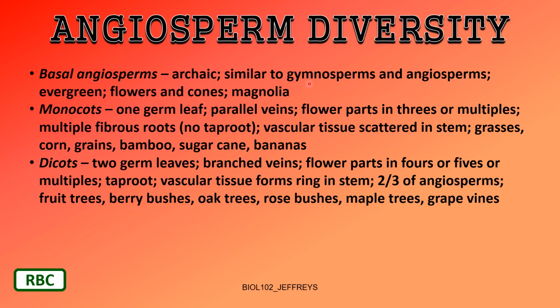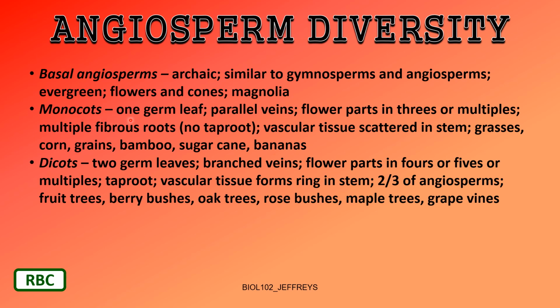They're similar to both gymnosperms and angiosperms. The idea here is that these basal angiosperms gave rise to both gymnosperms and angiosperms proper. That's just a theory, though, at this point, so not to remember. But basal angiosperms are evergreen. They produce both flowers and cone-like structures, and a great example is your magnolia. I'll show you pictures in a minute.